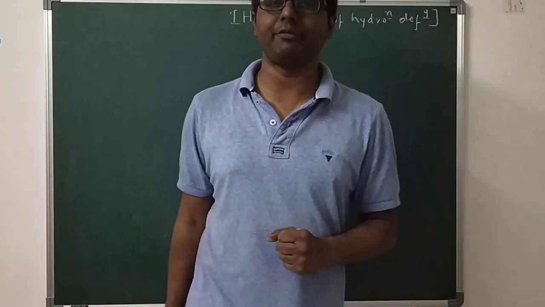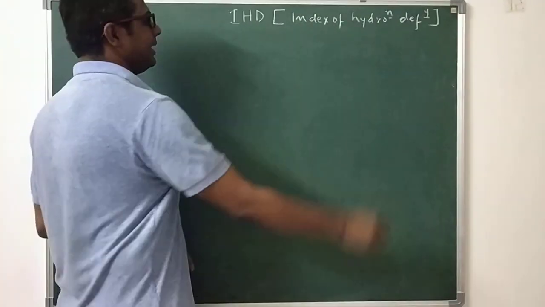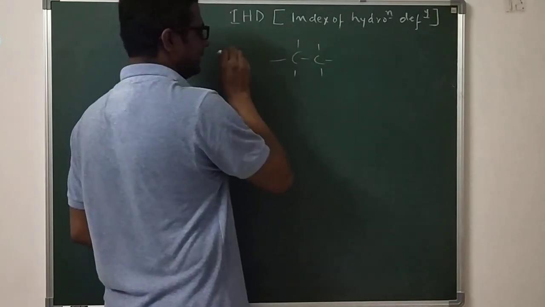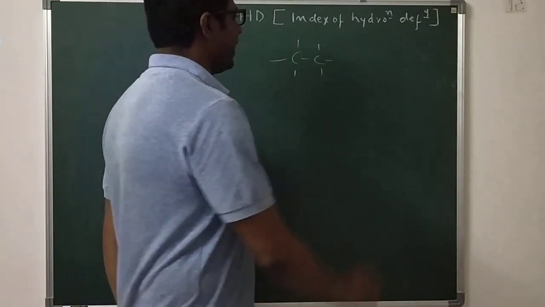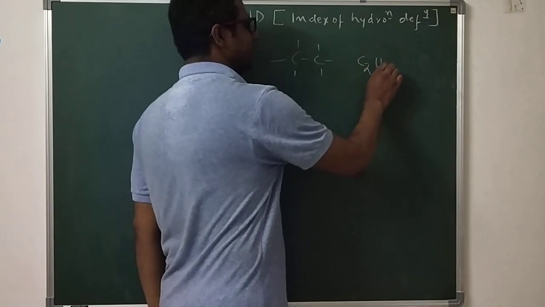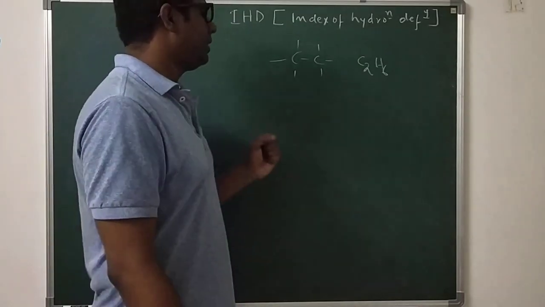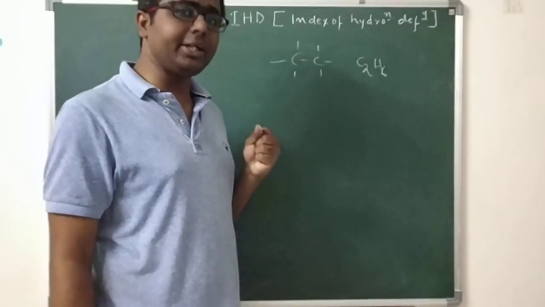First of all, let us get the feel of what hydrogen deficiency is. Let us take the simple compound C2H6. This is ethane and we all know it. Now, does it have any double bond?